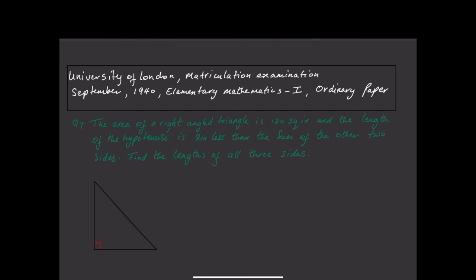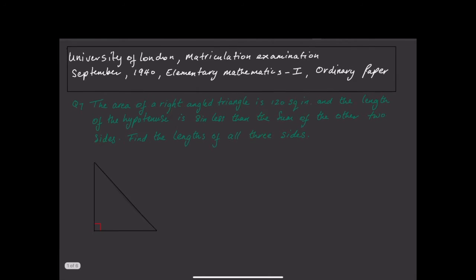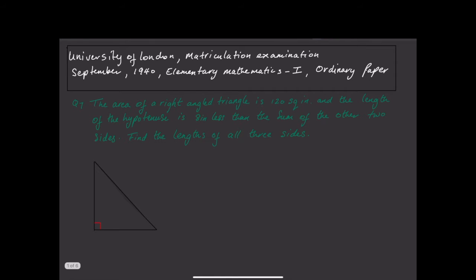Now, this is a lovely question. It's taken from an O-level paper. Before they were GCSE, there was O-levels, and usually most of the universities used to set the exams, unlike the exam boards that we have now, OCR, EdExcel, and AQA.